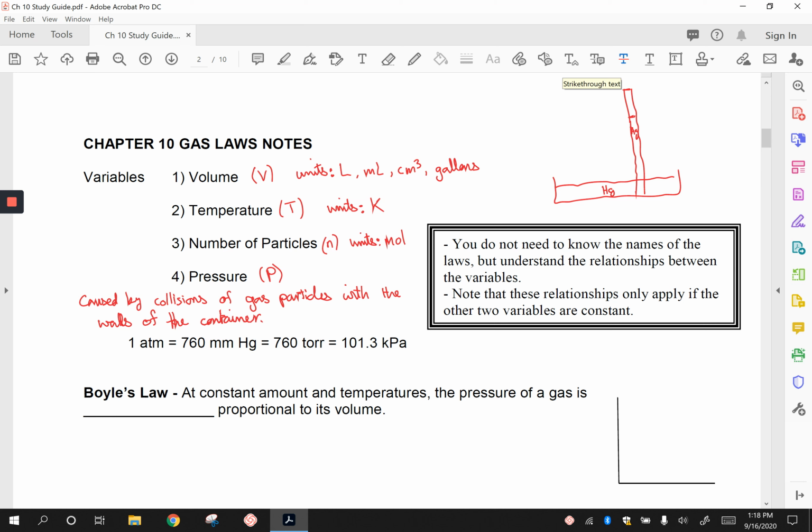And the reason why that happens is because you have gas particles here that are pushing down. But then you also have gas particles here that are colliding and pushing down on the liquid here. And so it keeps this liquid in the tube here. So I'm going to go ahead and color it here. So there's your mercury. This is all mercury here.